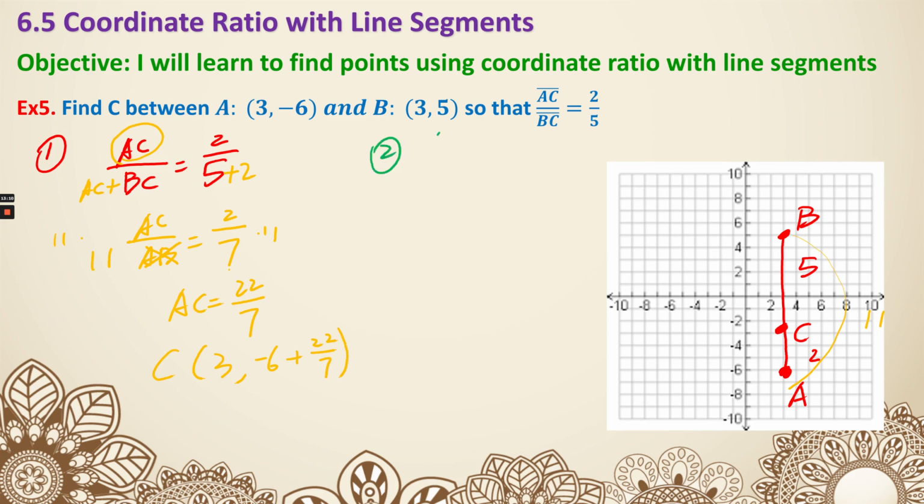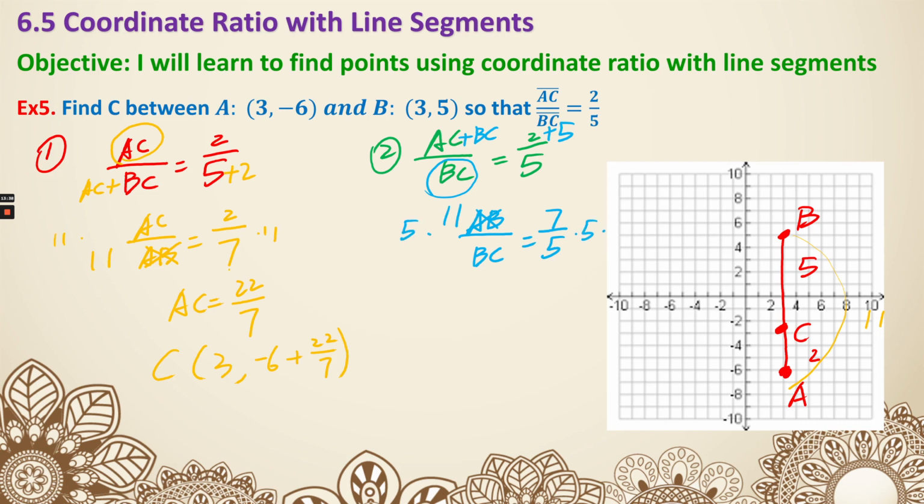Now the second way, let's say we still have AC over BC was 2 over 5. But let's say I actually want to keep my BC. So I'm going to need to add a BC on the top or add a 5 on the top. That's going to give me AB over BC equals 7 over 5. Now it's time to solve it because I already know AB is 11. Times both sides by 5 and times both sides by BC. So BC cancels on the left, 5 cancels on the right.